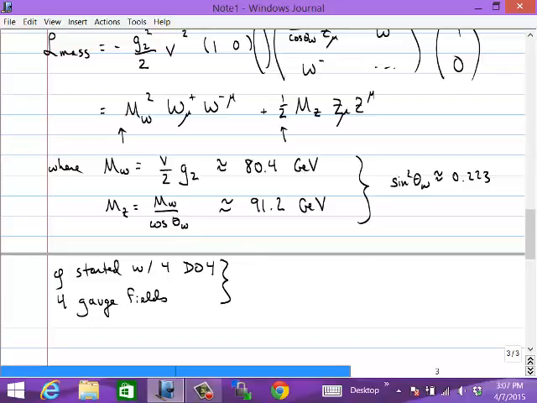But after these gauge fields get Higgsed, because phi acquires a non-zero vacuum expectation value, 3 of those gauge fields become massive vectors, and so they eat 3 of those would-be Goldstone bosons from the broken symmetry of phi, and so we're left with 1 real degree of freedom in phi, which is known as the Higgs field.